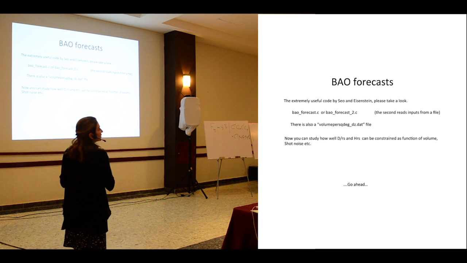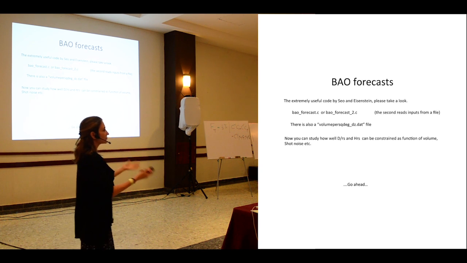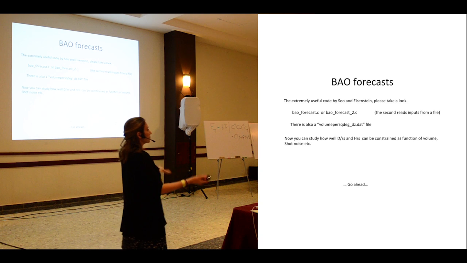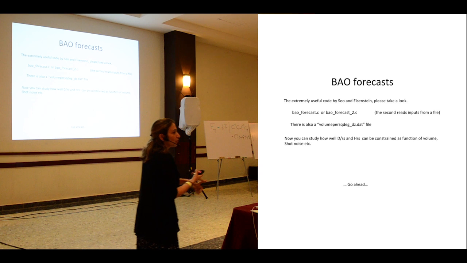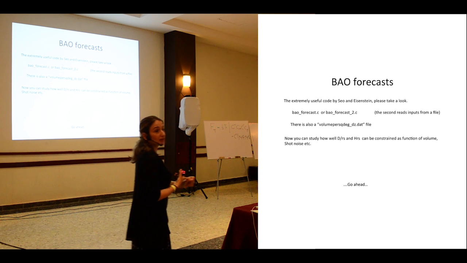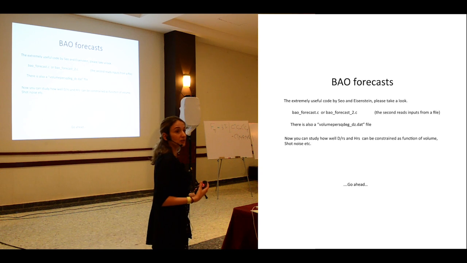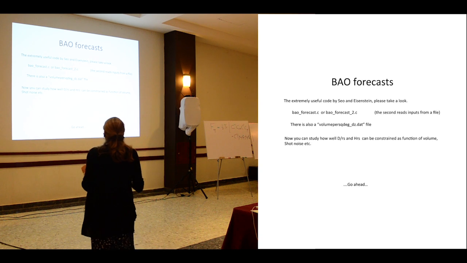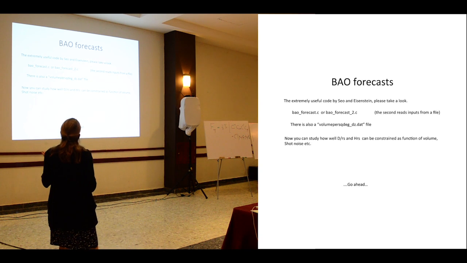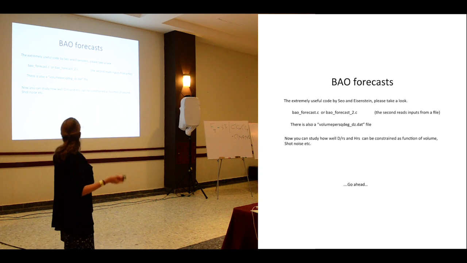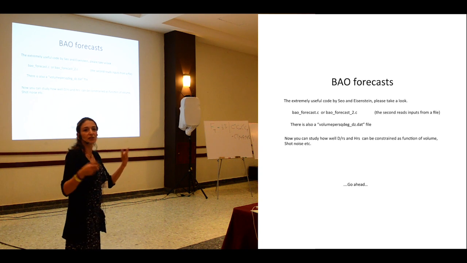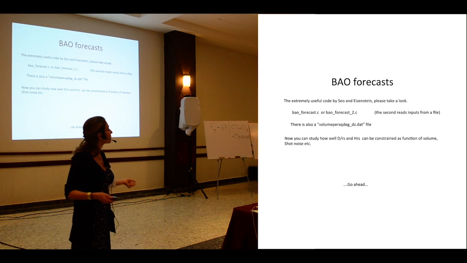But with this, it just spits out the Fisher matrix from which you can compute the error bars on D_A over r_s and H times r_s, which is what the BAO can measure. And so, for example, you can study how well you can constrain this quantity as a function of the volume of your survey, shot noise, the redshift range, and all that.